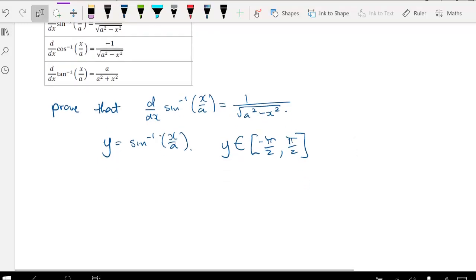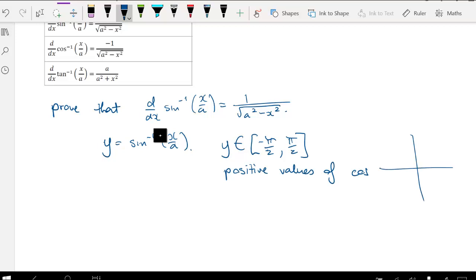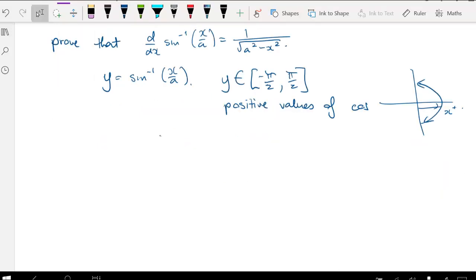What this essentially is saying is we're only looking at positive values of cos. So it means we're looking at this side here, when x is positive. That will become important later on.